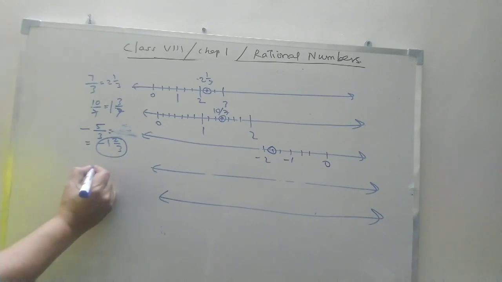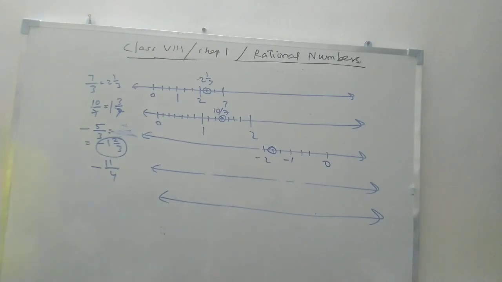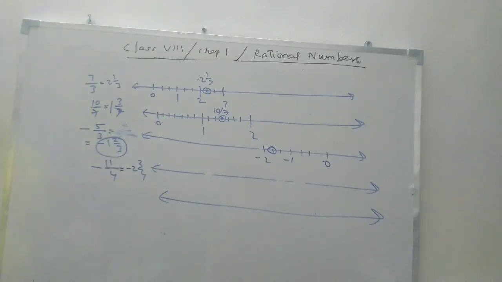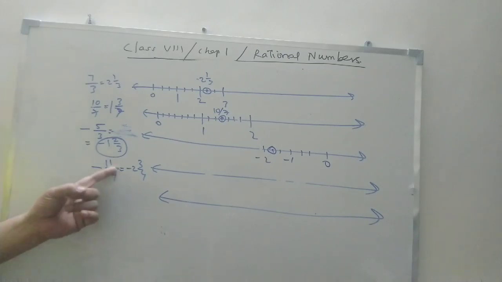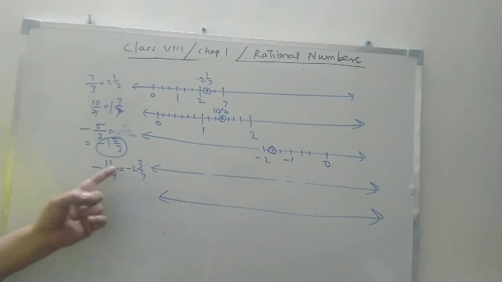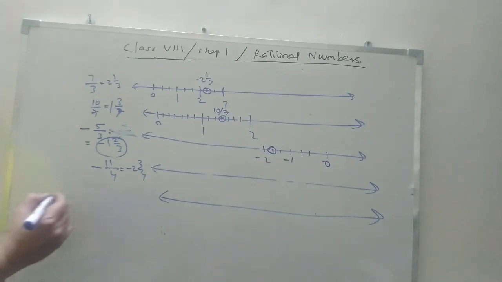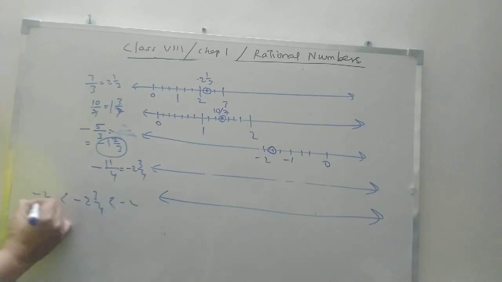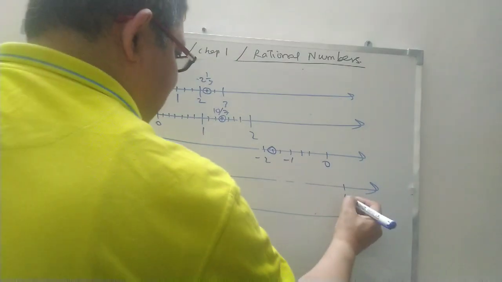Now let us take one more, say minus 11 by 4. Minus 11 by 4 is what? Minus 2 3 by 4. Denominator is 4 and this is minus 2 3 by 4. Minus 2 3 by 4 will lie between minus 2 and minus 3. So we have to move from 0 to the left side.